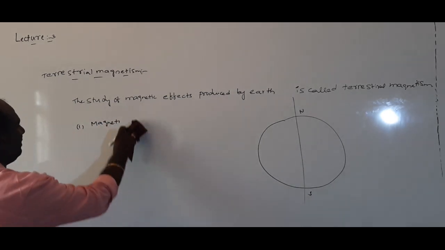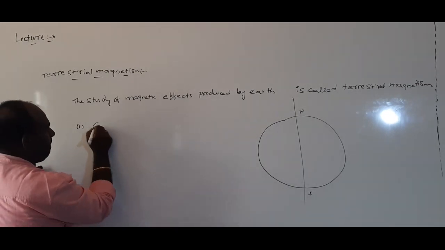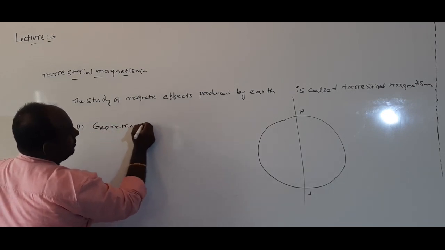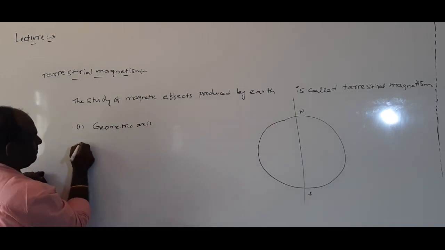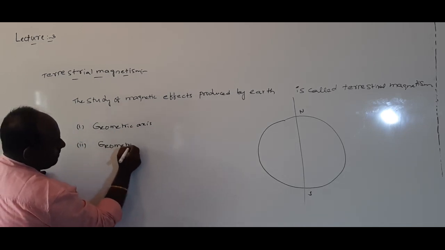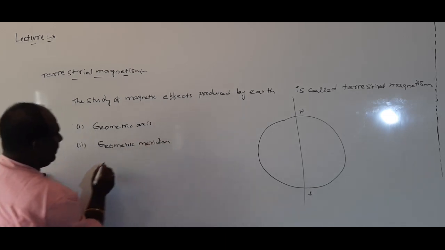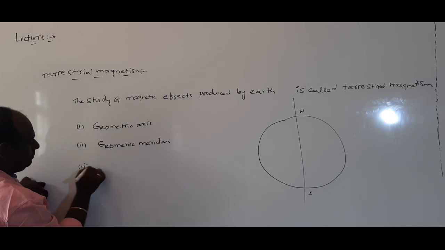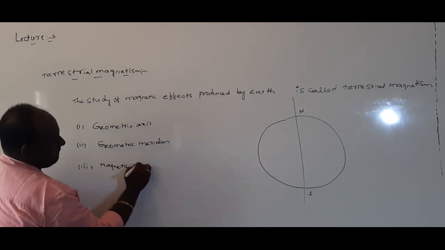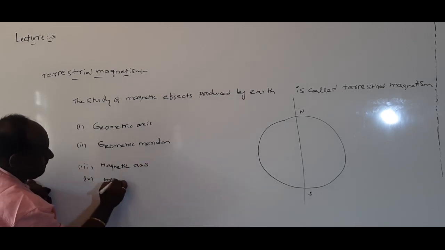The definitions are: geometric axis, geometric meridian, magnetic axis, magnetic meridian.